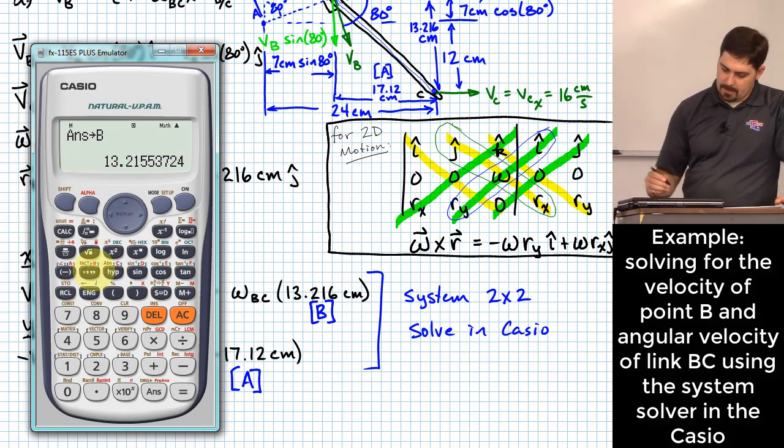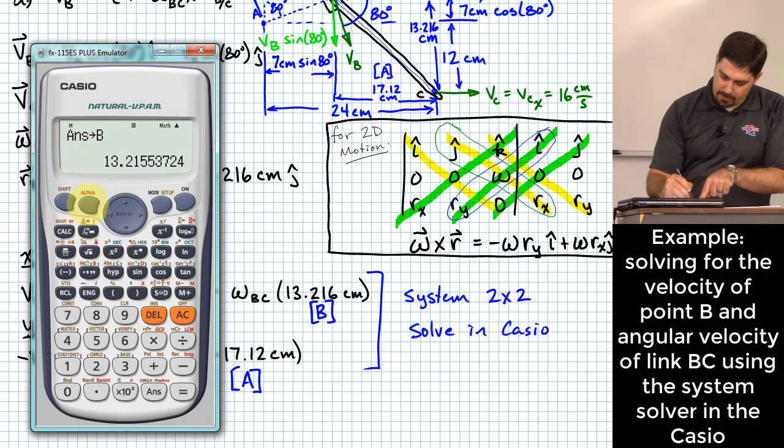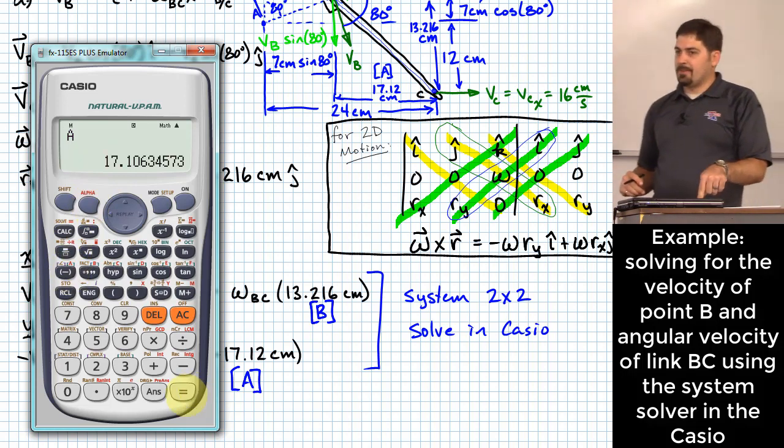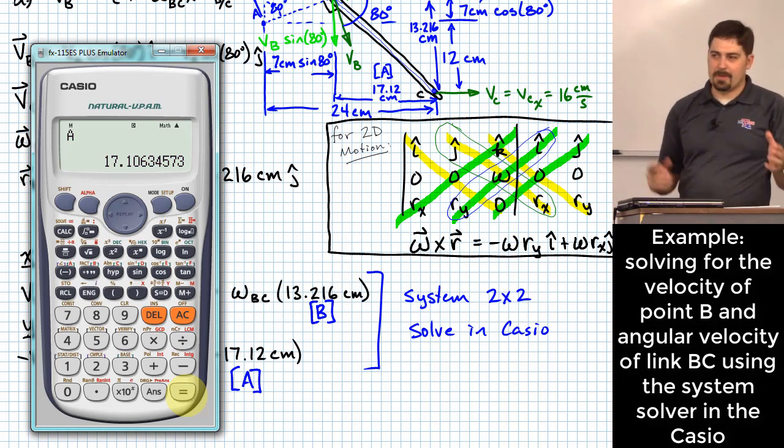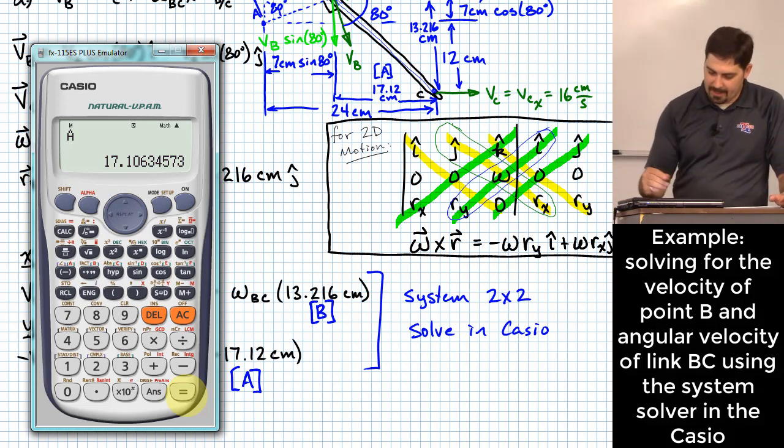Okay, let's check the other one. Okay, notice it's not negative there, so if we try to use that variable, let's make sure we get the sign correct outside of that.